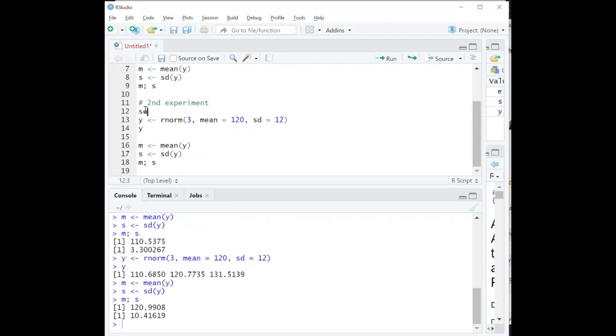First of all, we set the seed: 1, 2, 3, 4. Then we prepare a vector to host the means. Let's call it result. It's an empty vector.